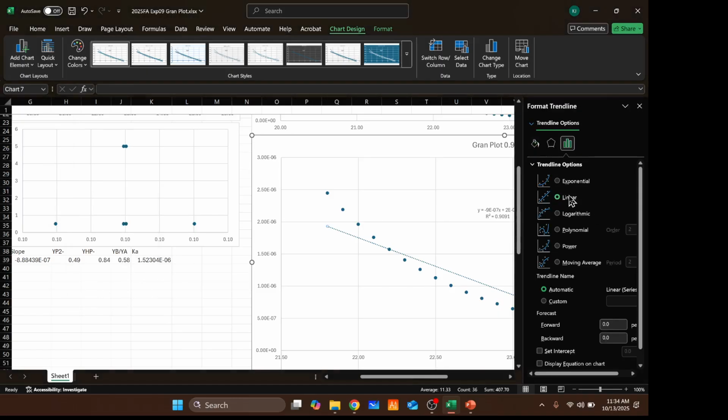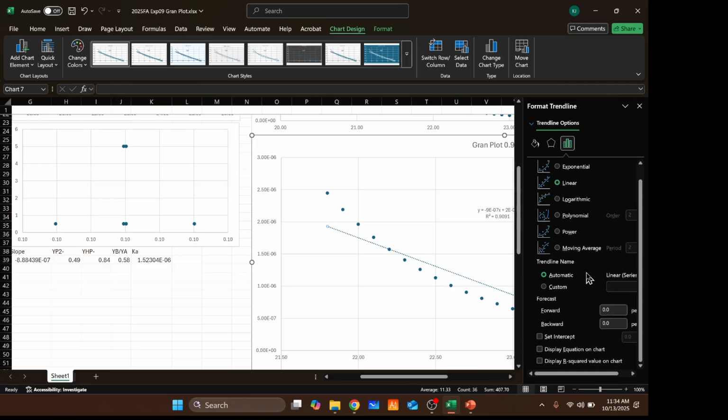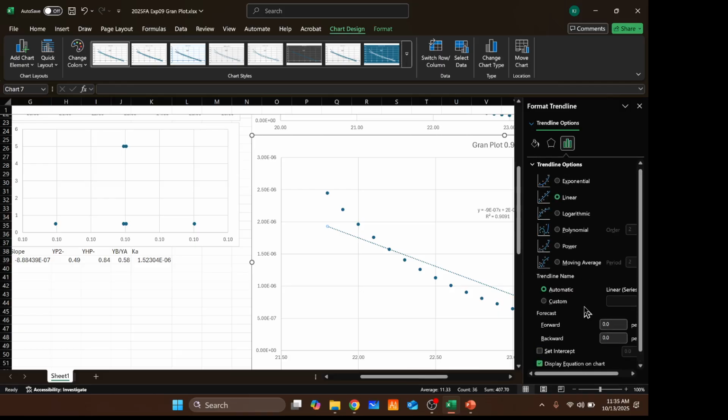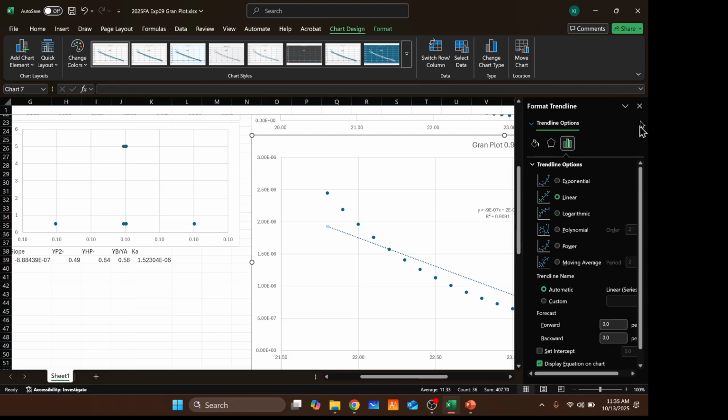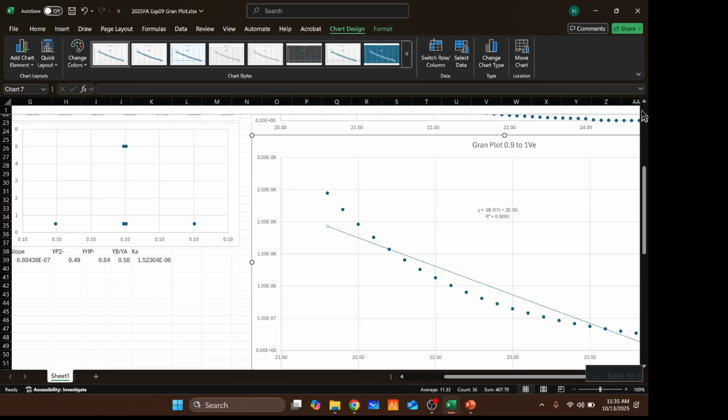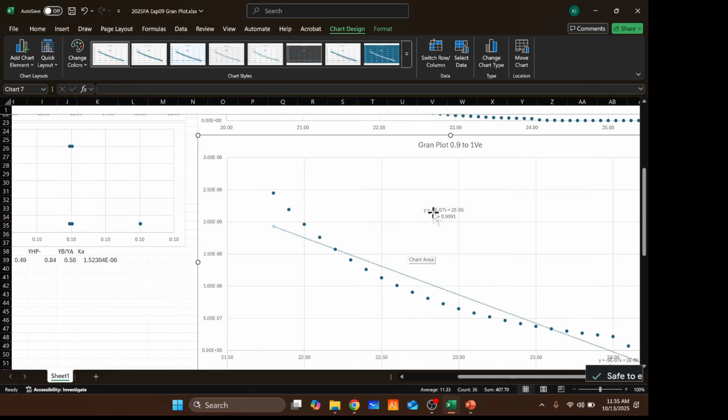Then linear, because I want a linear fit here. Then I'm going to display equation on chart, display R squared value on chart. Note, I do not fix my intercept because I want that to change. And that's where I got this right here.